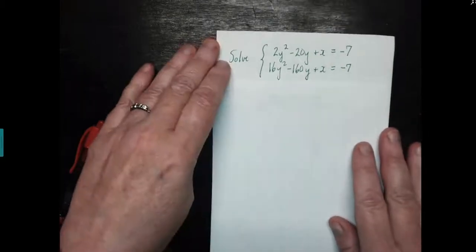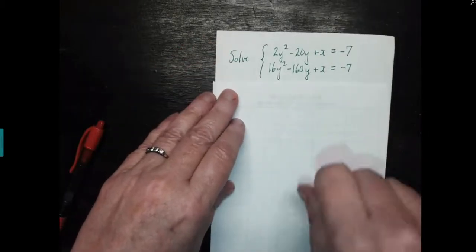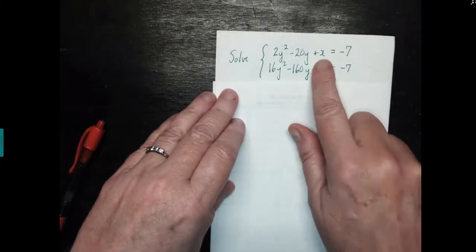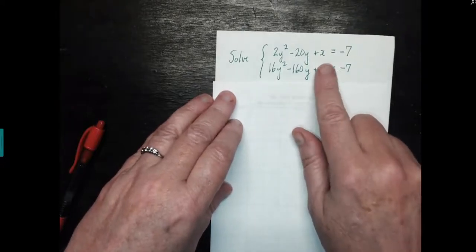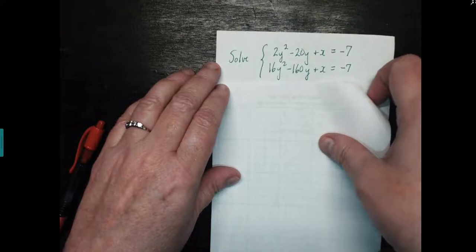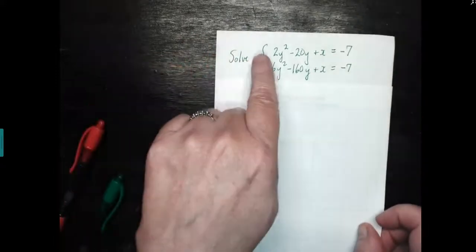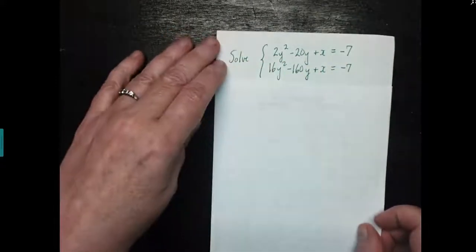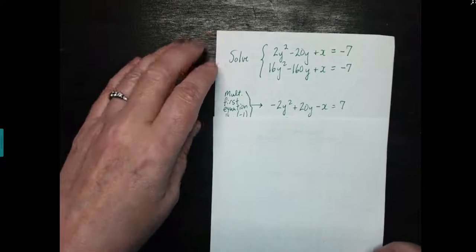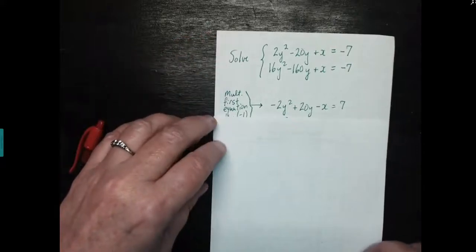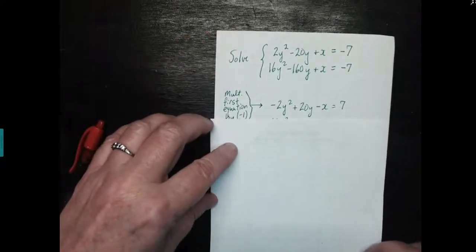So what I would do with this one is I see that it's pretty easy to eliminate the x. So what I'm thinking of doing is negating the first equation. So I'm going to multiply every term in the first equation by -1.